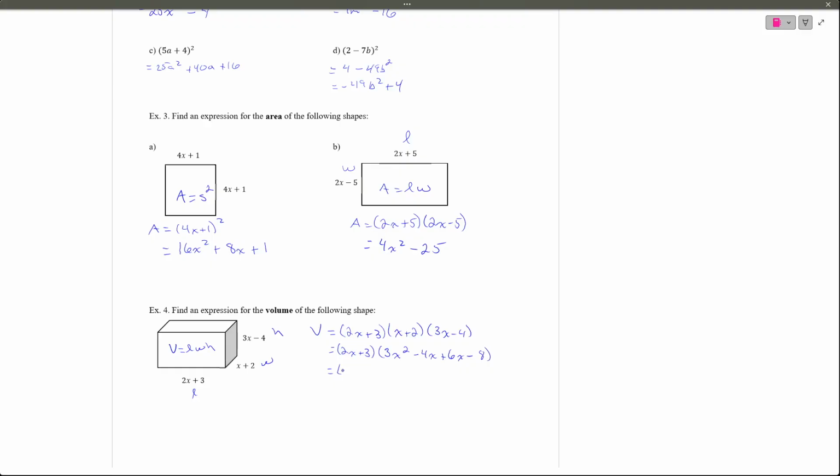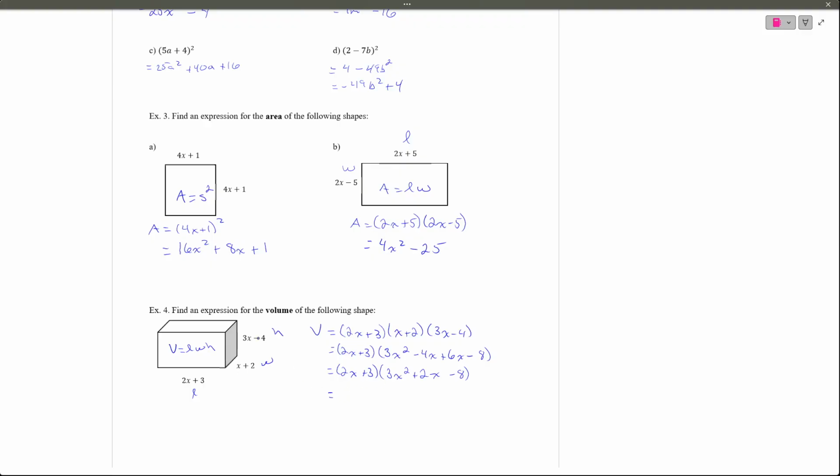Collect our like terms. 2x plus 3 is still left alone over here. And then inside, we have 3x squared all on its lonesome. Minus 4x plus 6x, that's plus 2x. Minus 8. Now we can apply the FOIL process again, but this time with a binomial and a trinomial. Let's do it again. 2x times 3x squared, that's going to give us 6x cubed.